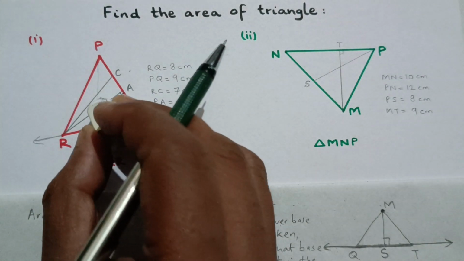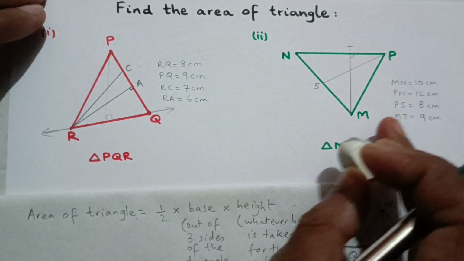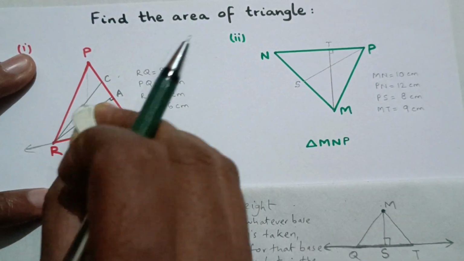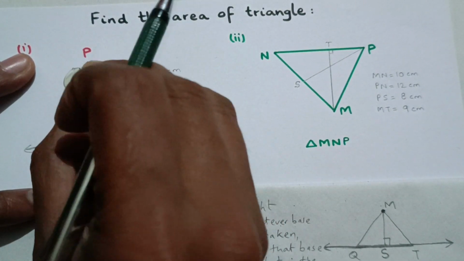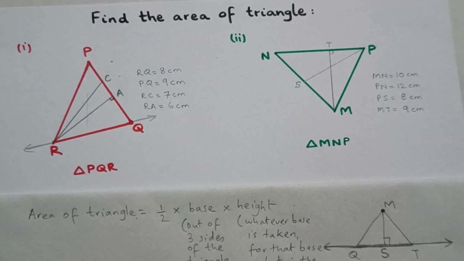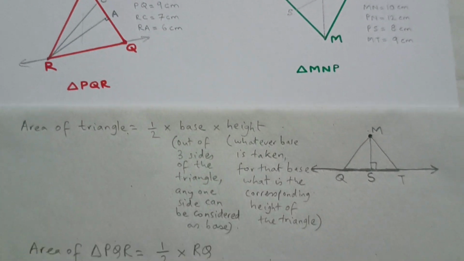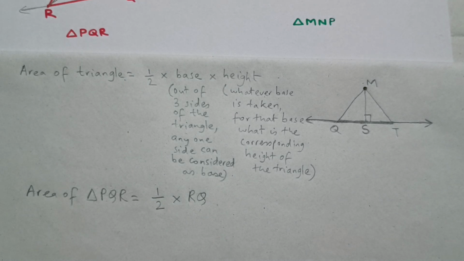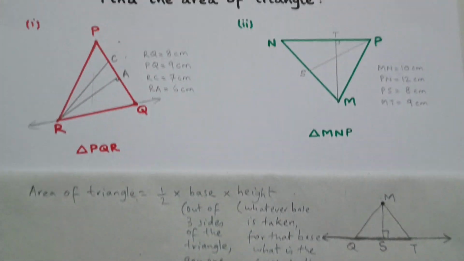So this line segment, which is the height, has not been drawn. So we don't know the height of RQ. So I can't take RQ as the base because its height is not given to us.